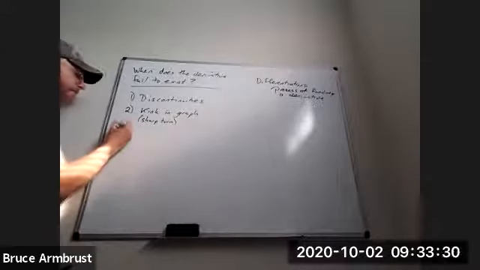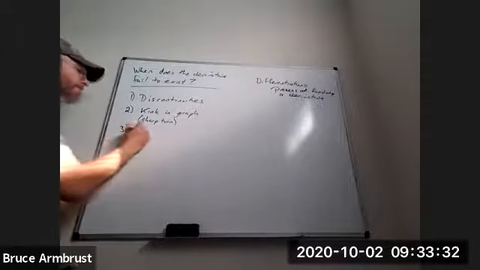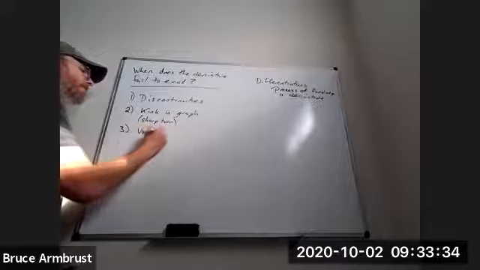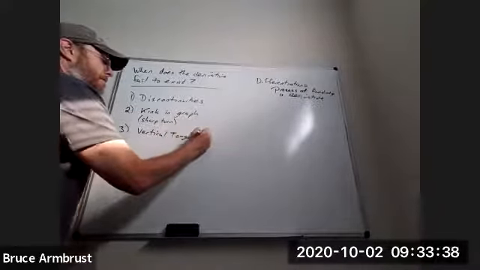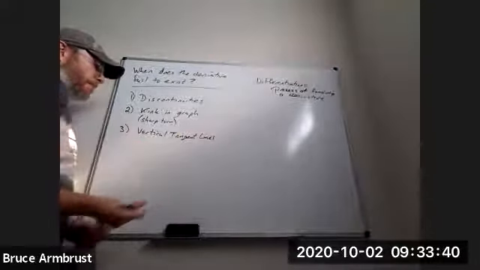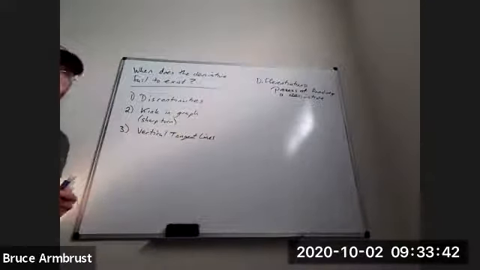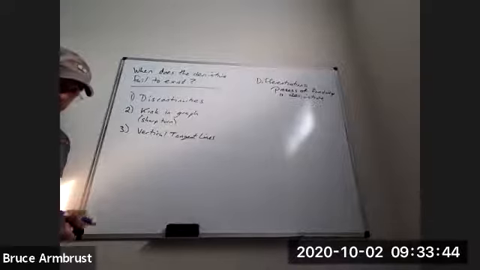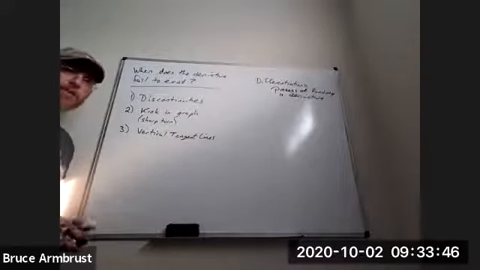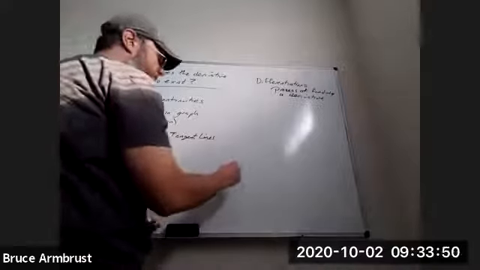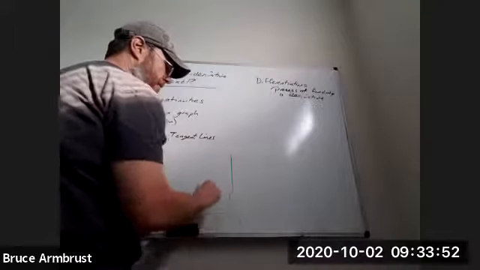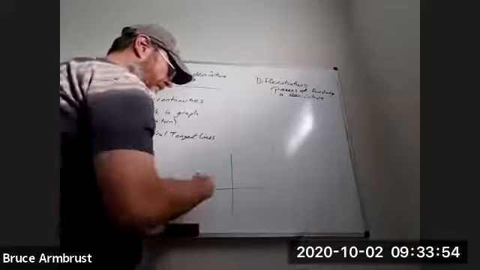Here's another problem spot, where we get vertical tangent lines. An example of this, a really good example, is the function cube root of x. If you were to draw the graph of cube root of x, I'll do my best here.